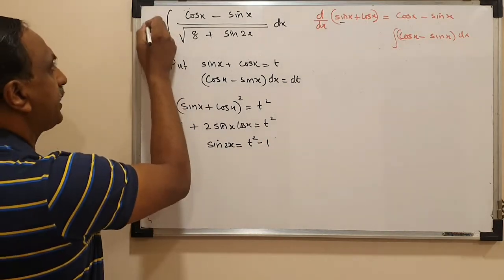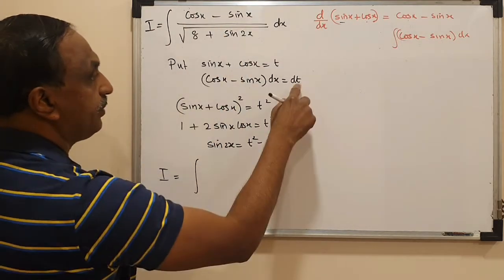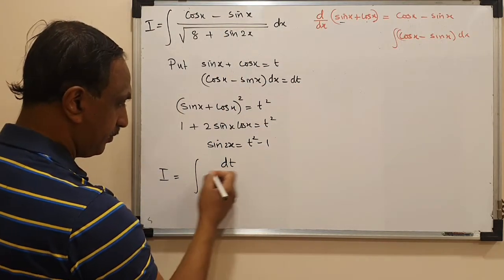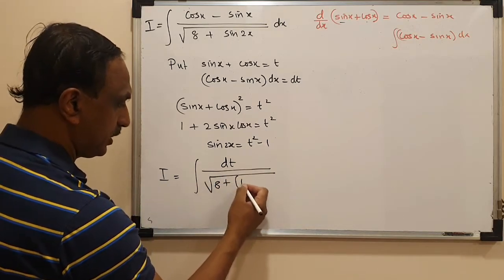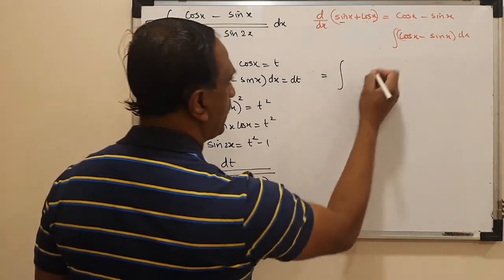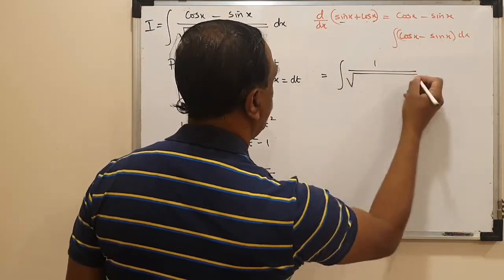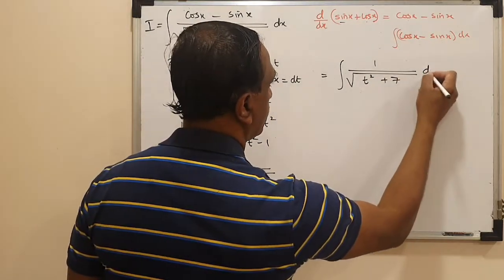So now my integral became, whole numerator became dt. The denominator became 8 plus t square minus 1. That became integral 1 upon root of t square plus 7 into dt.